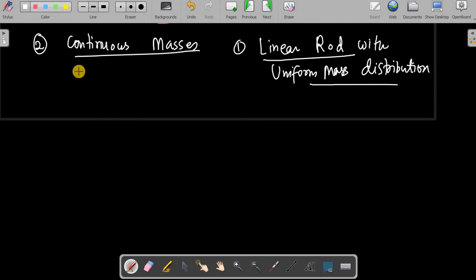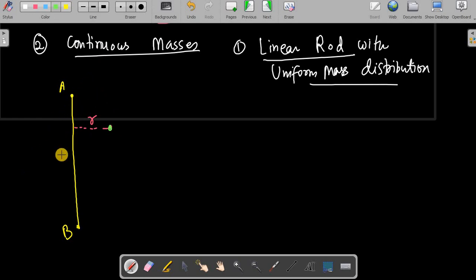If you consider a rod of length AB, so mass is distributed over the rod, and we want to find at a perpendicular distance of, let us say, r, what is the field here.